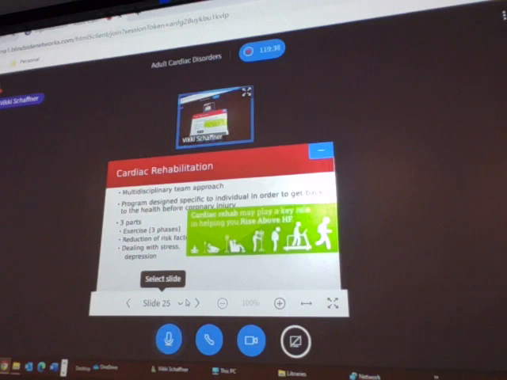Okay, cardiac rehabilitation. There is this huge issue that happens after a cardiac event for people that successfully live. If they die, then we don't have to talk about cardiac rehabilitation. But for people that survive a heart attack, there are a lot of physiological and psychological changes that occur in the body, and we have to address those as a nurse. A lot of times, if somebody had a heart attack, they'd be in the hospital for 2 or 3 weeks.